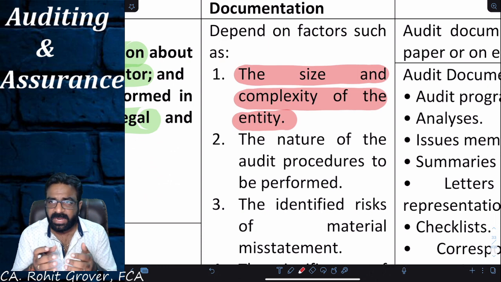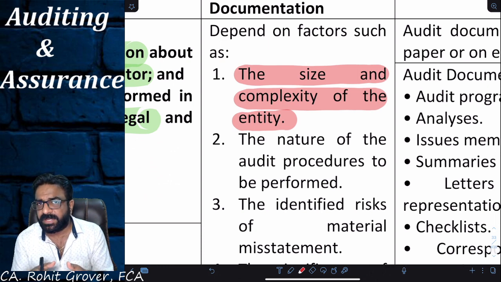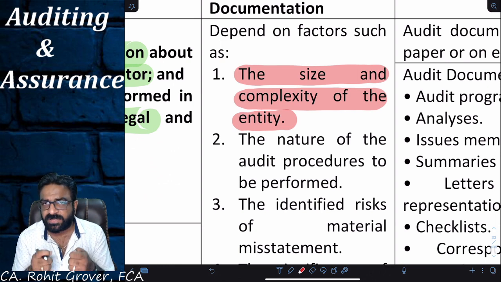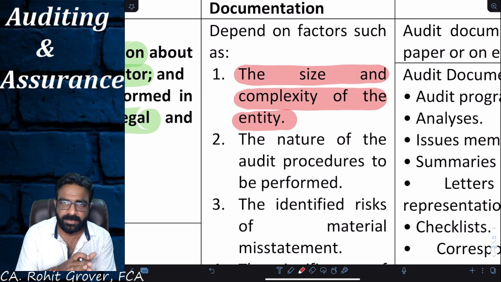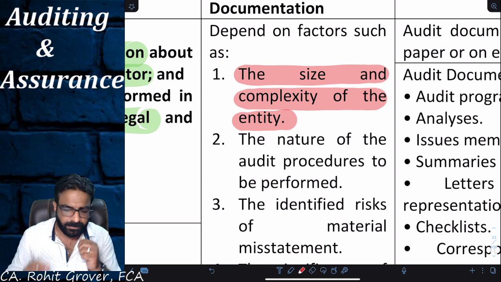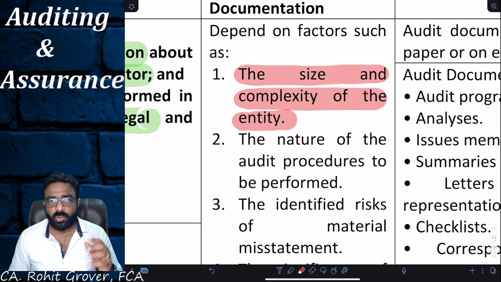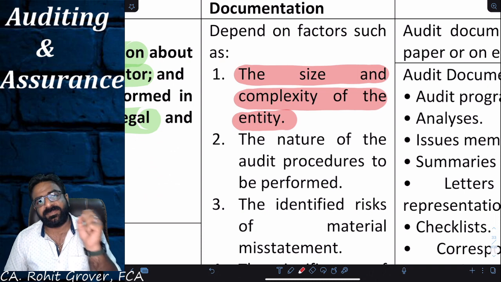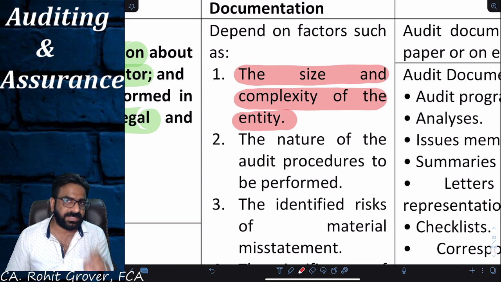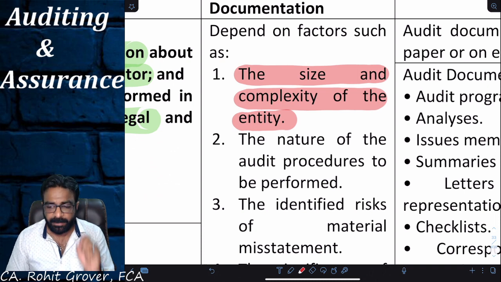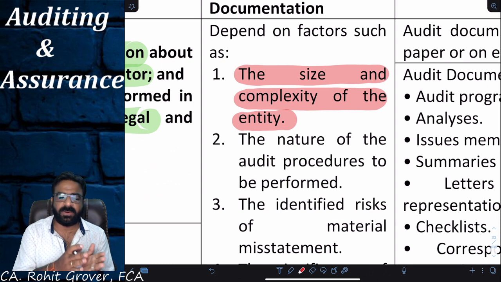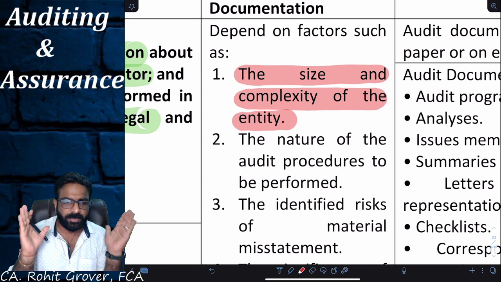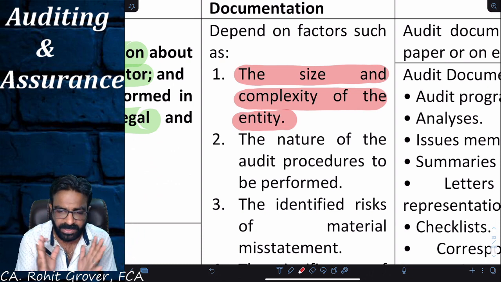And when there is more evidence, more procedures and more techniques, is your audit documentation going to be higher or lower? Higher. So the size of my client's business and how complex it is helps in deciding whether my audit documentation is going to be higher or lower.